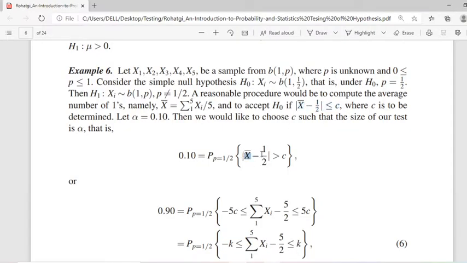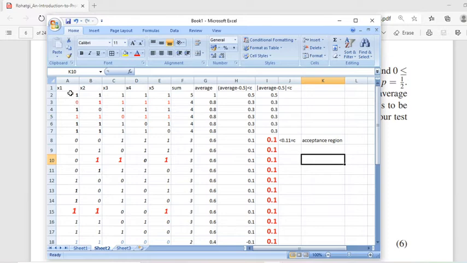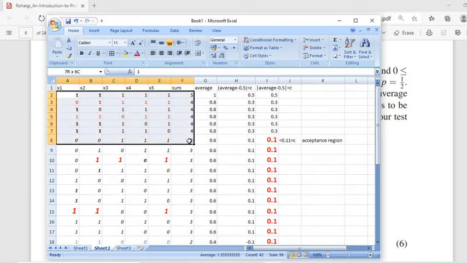So what will be the rejection region? The other region will be the rejection region. Yeah, this is the rejection region.